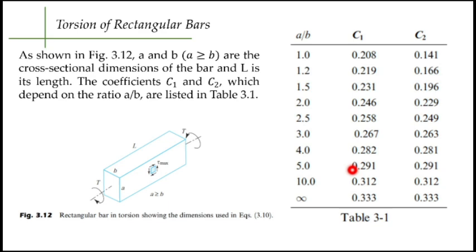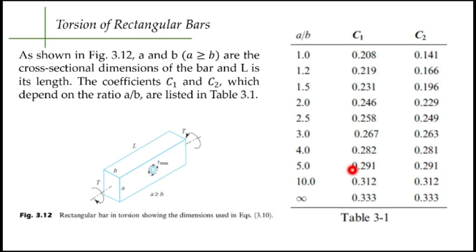Always, A is the longer side and B is always the shorter side. Okay? So I hope you guys remember this. A is always the longer side, B is always the shorter side.